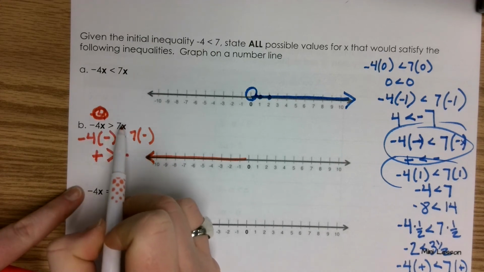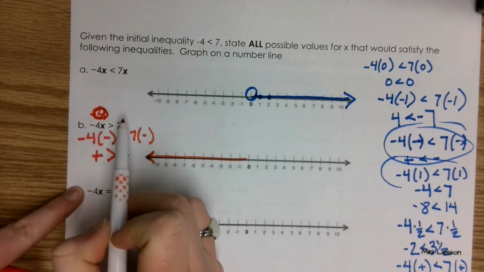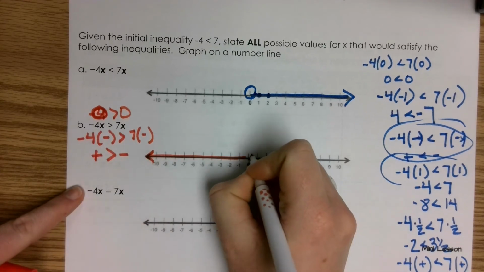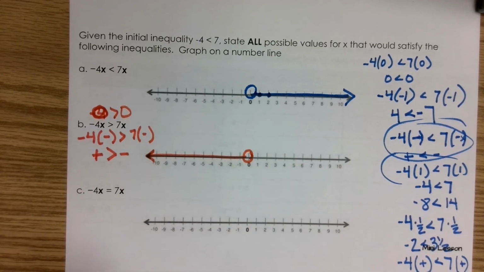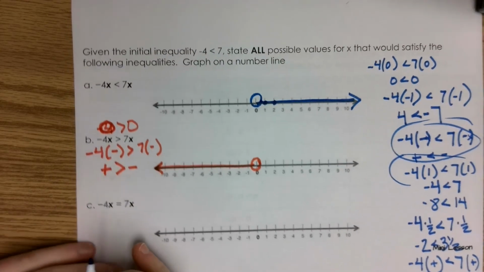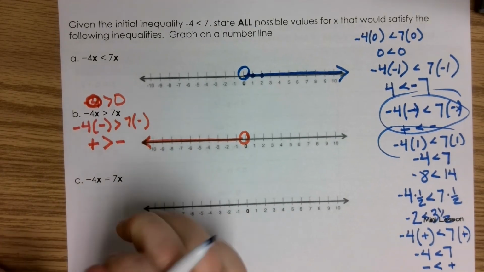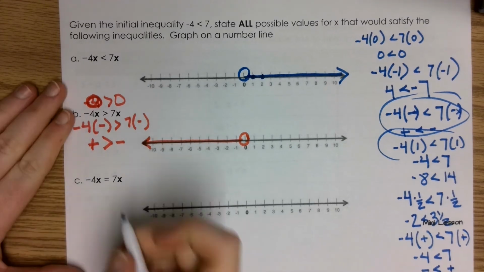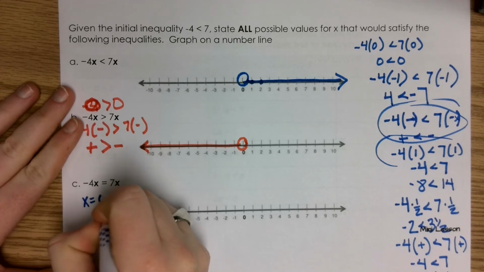And 7x, where x is 0, is 0. 0 is not greater than 0, so another open circle. Well, when did I get a number that was equal to a number? -4x is equal to 7x. That's going to be true when I say that x equals 0.